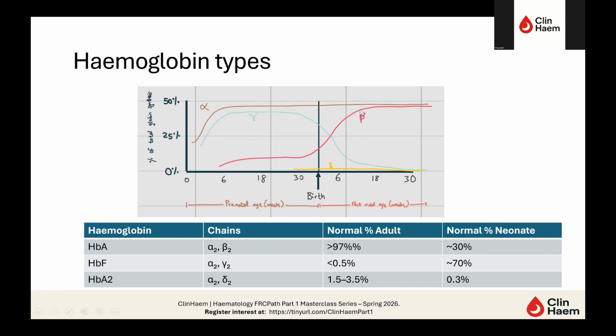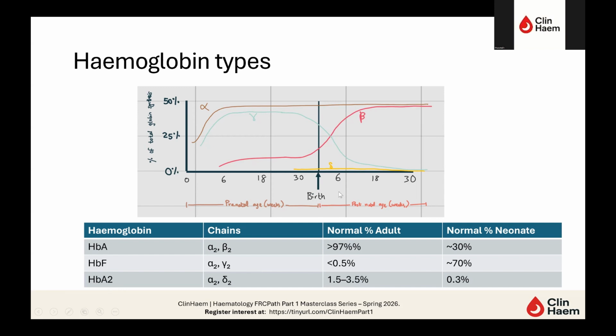So around 3 to 6 months of age, the only option to make good hemoglobin should be alpha and beta, and the predominant hemoglobin type in the blood should be HbA, so 97%. There will of course still be a small amount of gamma chains being produced, so there would be some HbF throughout life, which is less than 0.5% usually in health.